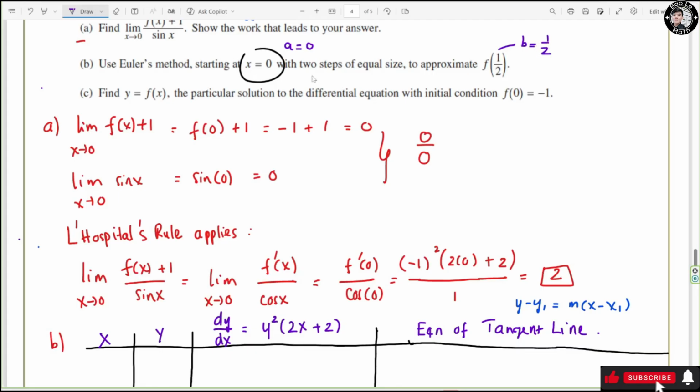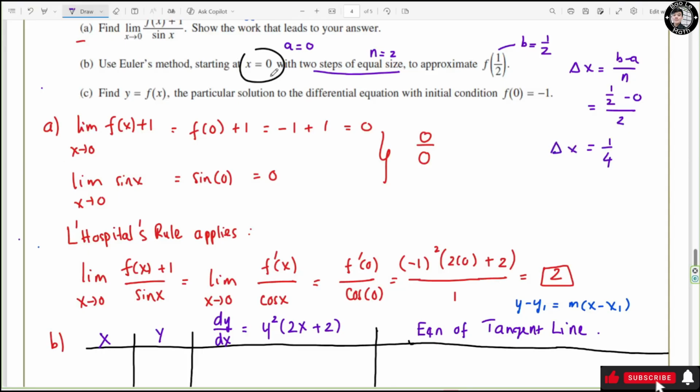Now we have 2 steps of equal size, so n equals 2. So delta x equals (b minus a) divided by n. So it's 1/2 minus 0 divided by 2, which is 1 over 4. So the step size is 1 over 4.